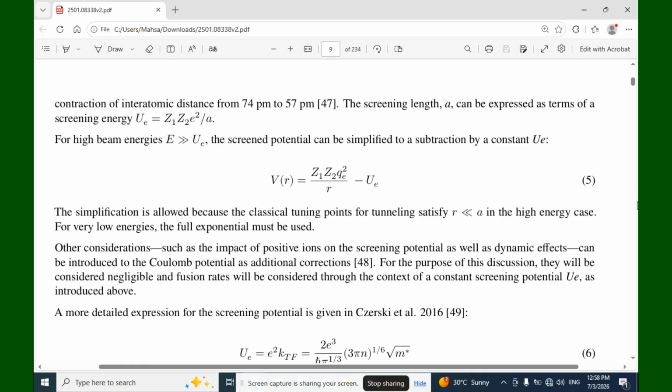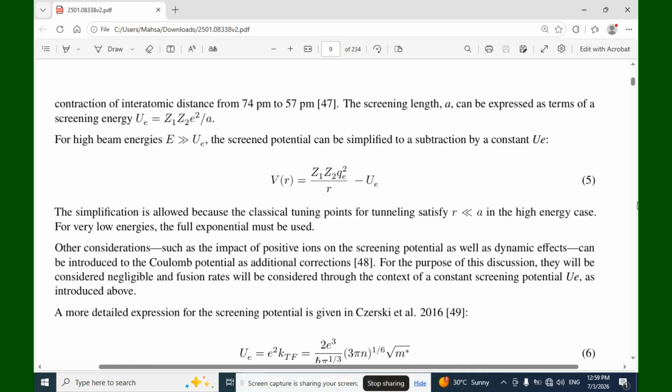Other considerations, such as the impact of positive ions on the screening potential as well as dynamic effects, can be introduced to the Coulomb potential as additional corrections in reference 48. For the purpose of this discussion, they will be considered negligible and fusion rates will be considered through the context of a constant screening potential Ue as introduced above.